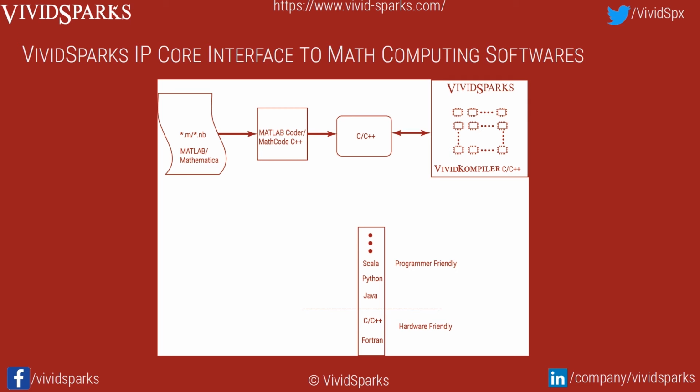MATLAB or Mathematica code is usually in scripts, which come in .m files, or .nb notebook files in the case of Mathematica. To generate C code from MATLAB, you need MATLAB Coder, an application provided by MATLAB.